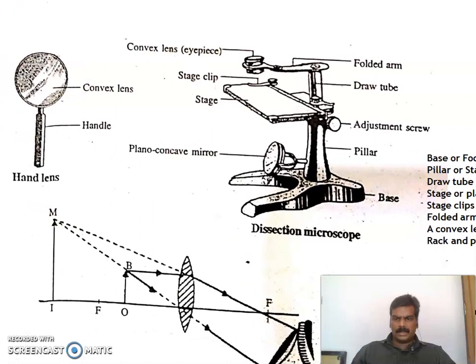And if you see this diagram, this is the hand lens which people use routinely. Where are we using the hand lens? A hand lens we keep in front of our eye, and the position is adjusted until the image becomes clear and large.